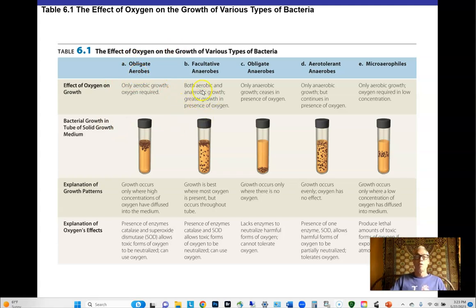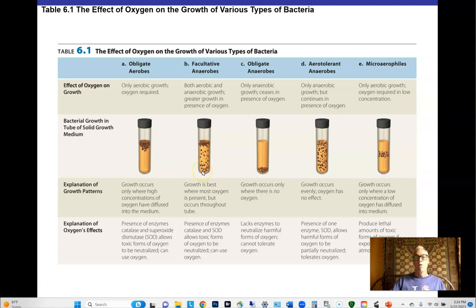Facultative anaerobes. And this word facultative, we saw it come up a little bit ago with facultative halophiles. Facultative anaerobes are ones that can grow anaerobically. They're able to still grow under anaerobic conditions. So again, here we've inoculated this whole agar tube, and you see there's growth all throughout the agar.